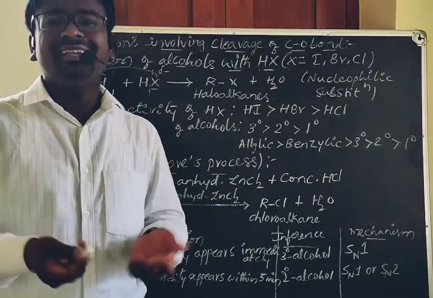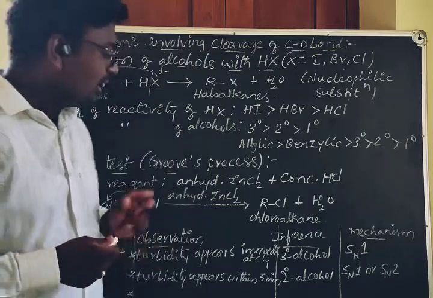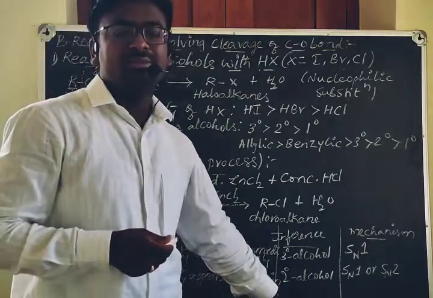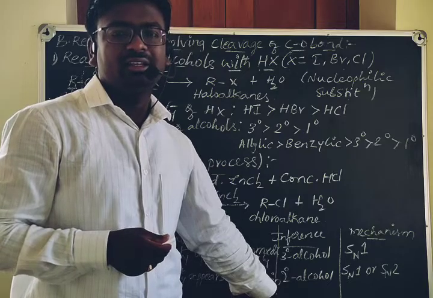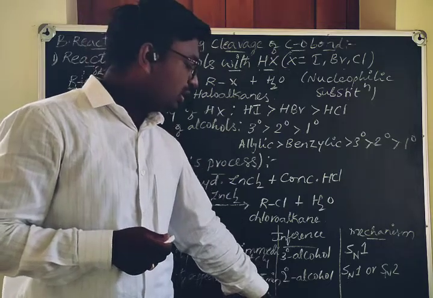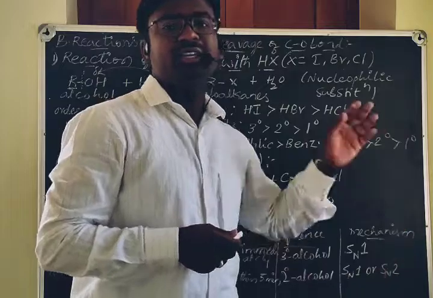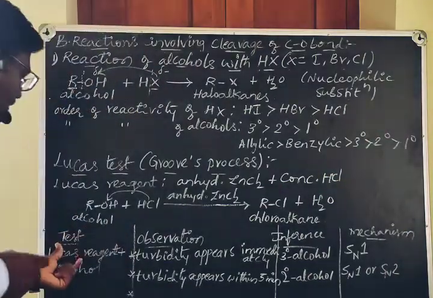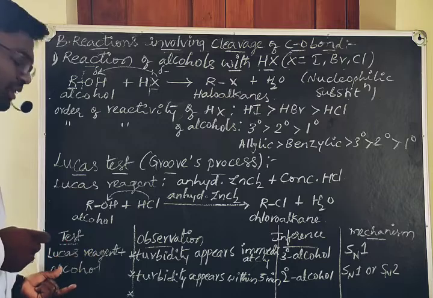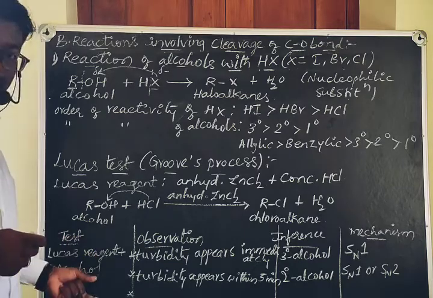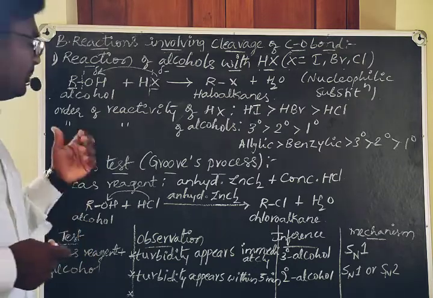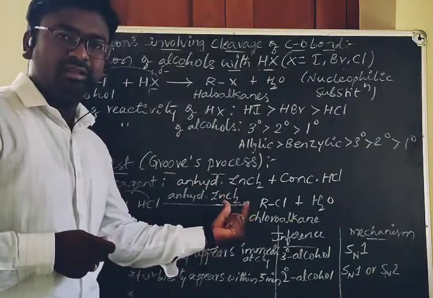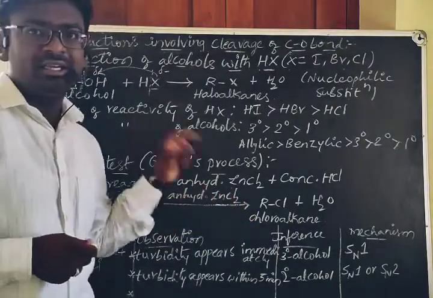If turbidity is not formed at room temperature but forms upon heating, then that indicates the presence of a primary alcohol, and it takes place through the SN2 mechanism. Let's take the Lucas reagent and add the primary alcohol. There is no immediate reaction; it takes place upon heating only.